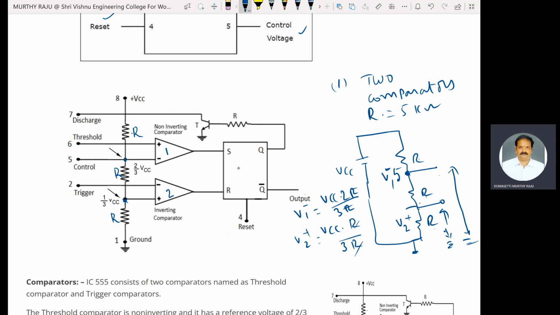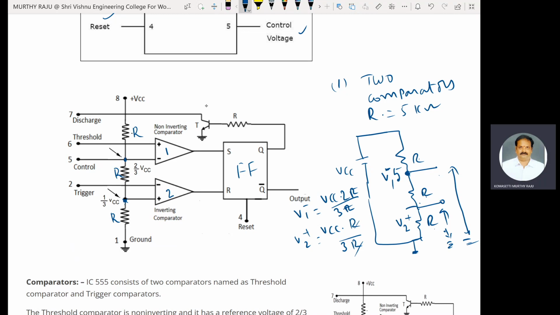Next one, RS flip-flop. This one is an SR flip-flop. S is equal to 1, Q is equal to 1; S is equal to 0, Q is equal to 0. Set and reset the flip-flop conditions based on the output of the comparators.